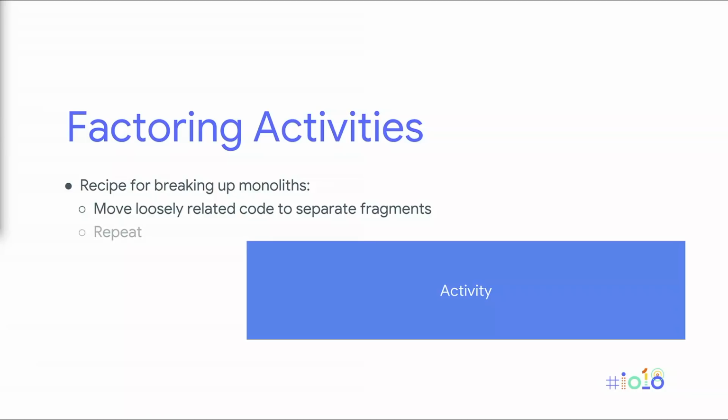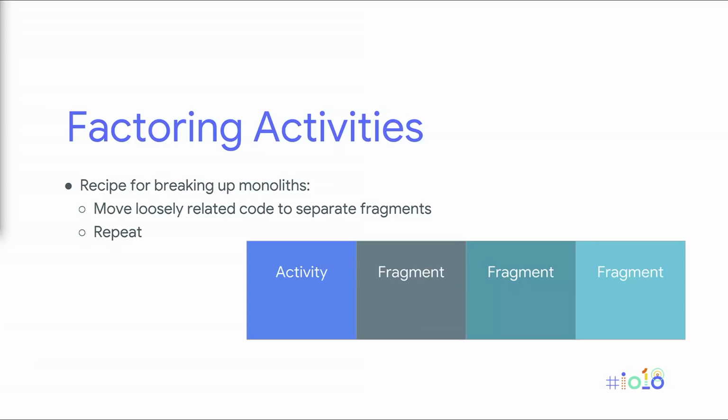And you basically just keep doing this until you've segmented out your activity into something that looks slightly more reasonable. You may have a couple of fragments in here that have their own specific requirements and their own specific UI, and your activity just becomes more of a shell for this.